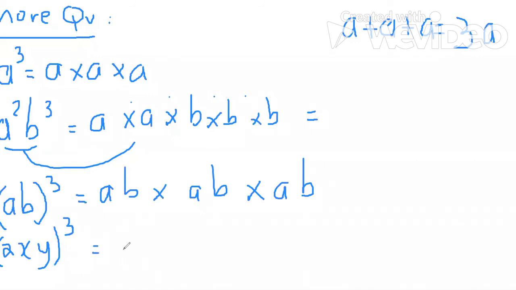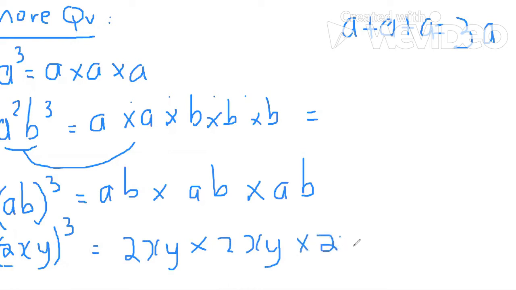This is 2, you know. So 2XY times 2XY, and I need one more time, not true?